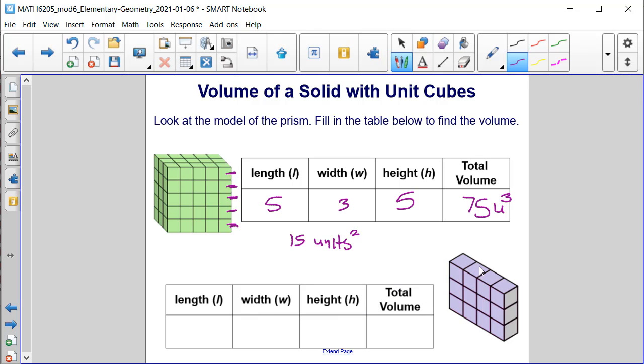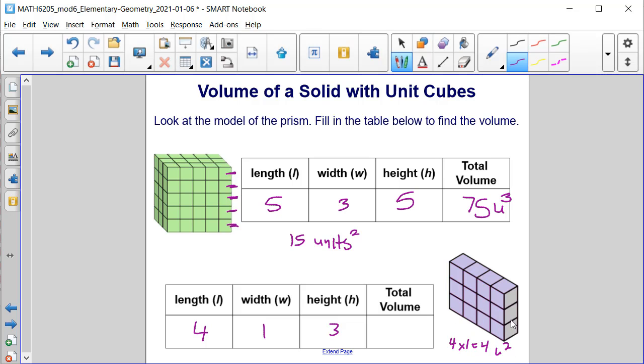Now let's look at this other rectangular prism that we have. Its length is 4. Its width is just 1. And then its height is 3. So this first layer down below has an area of 4 times 1, or 4 square units.